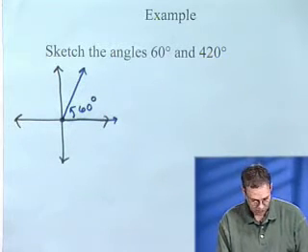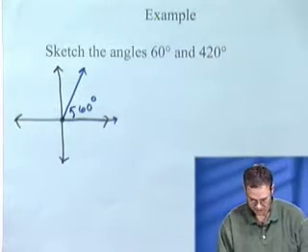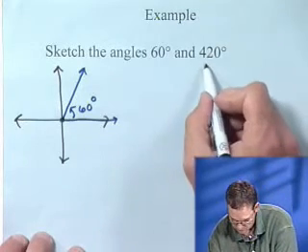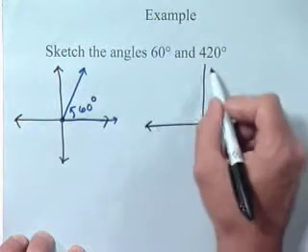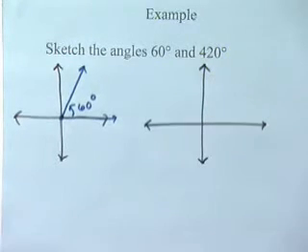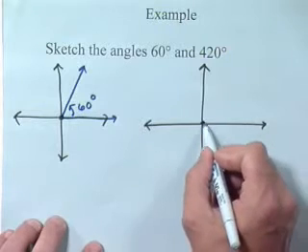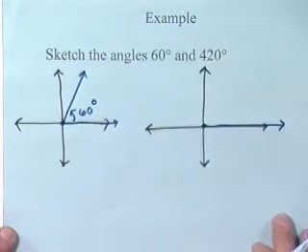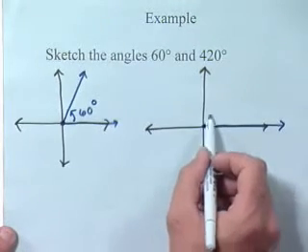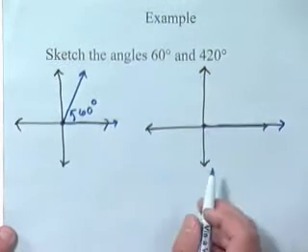Now let's sketch the angle 420 degrees. Okay, put the vertex at the origin. There's my initial side. Now I need a rotation in the counterclockwise direction, 420 degrees.